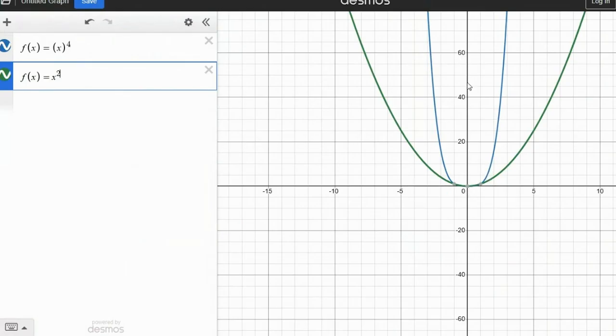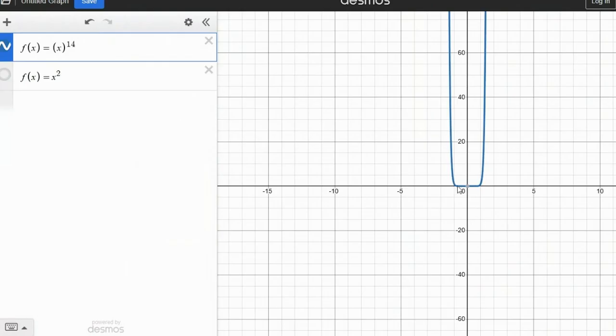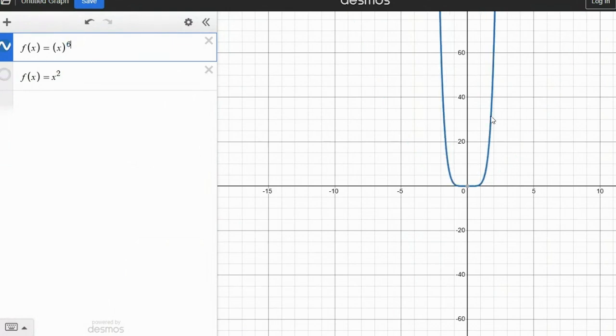It's flatter and it goes up faster. You take it off, see how flatter it is? If I exaggerate it big time, like the 14th power, look how flat it is now. It looks like it almost goes straight across. But it goes up super fast compared to an x squared. So the bigger the number there, the faster it goes up, and it's just flatter on the bottom.